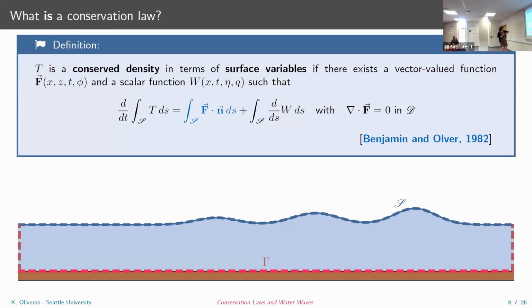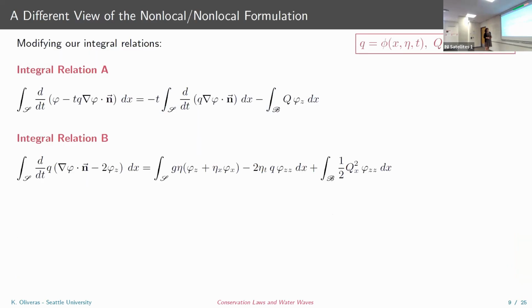Just a quick caveat, when I talk about conservation laws, what I mean is that if I take the time derivative of some quantity at the surface, it can be written in terms of another quantity integrated along the surface, which just so happens to be that if I used a divergence theorem, went back to the bulk, I would find that that was going to end up being divergence free.